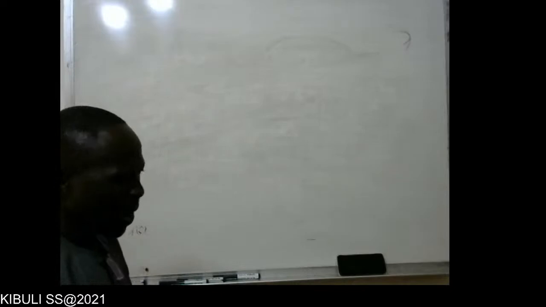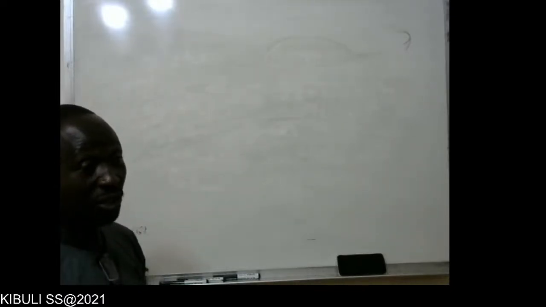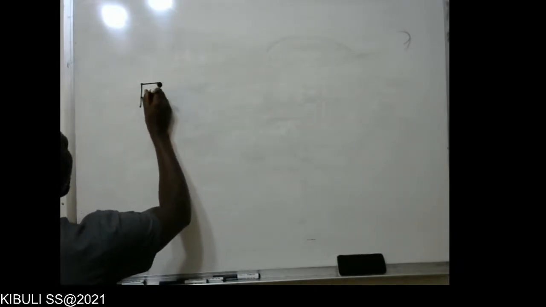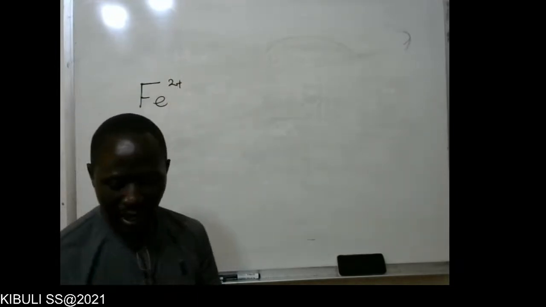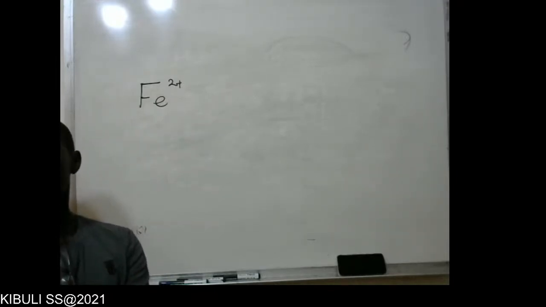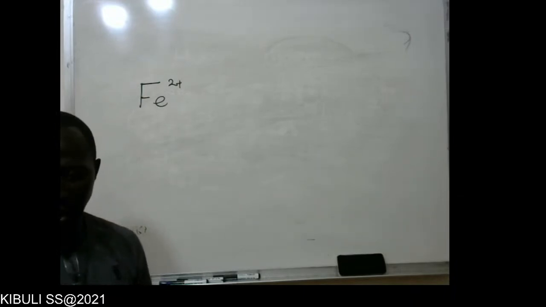This is part of the qualitative analysis that we are supposed to be looking at, because we had introduced it. If you remember very well, what did we agree is the color of iron 2 compounds in qualitative analysis? Meanwhile, you are free to text your questions so that we can respond to them.